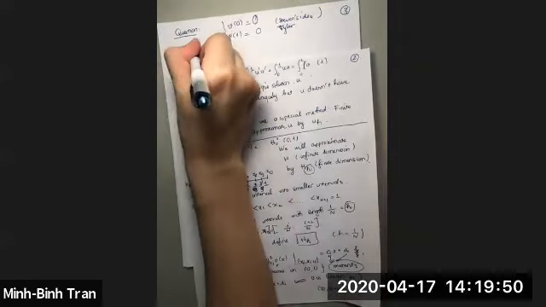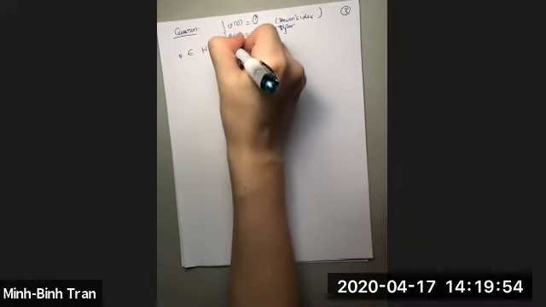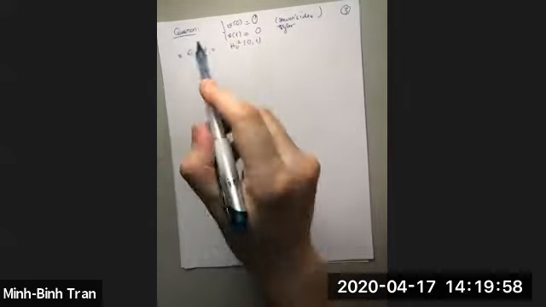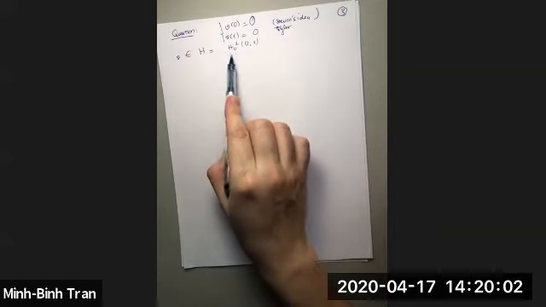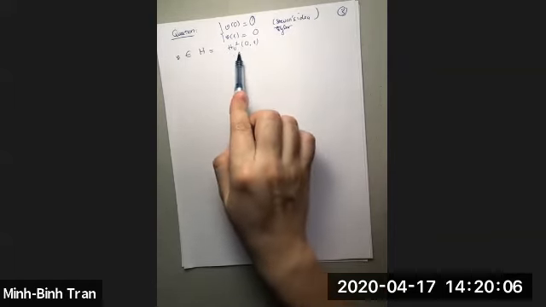Because v belongs to H, which is the Hilbert space, the Sobolev space H01.